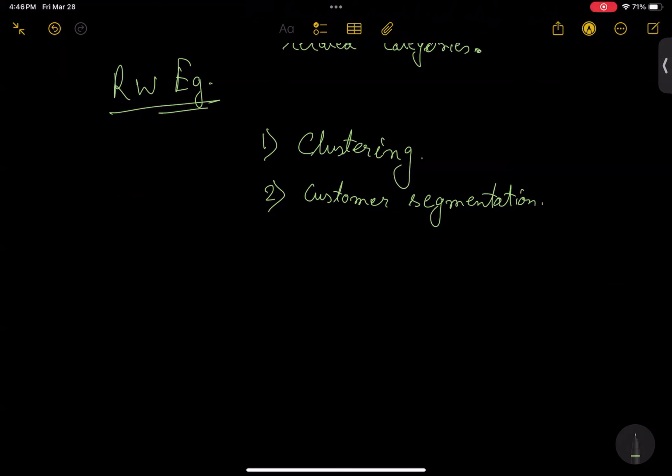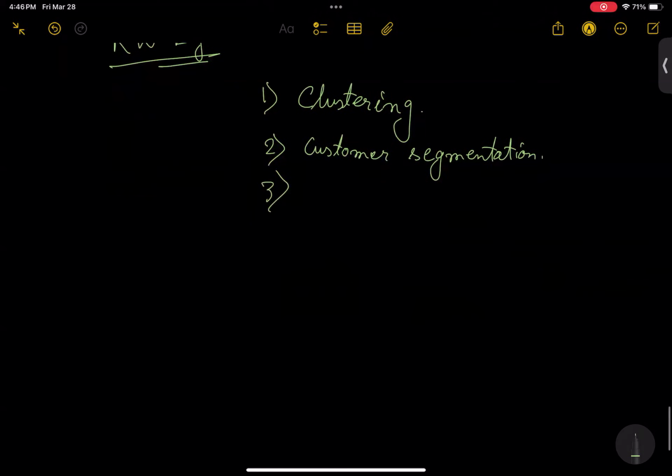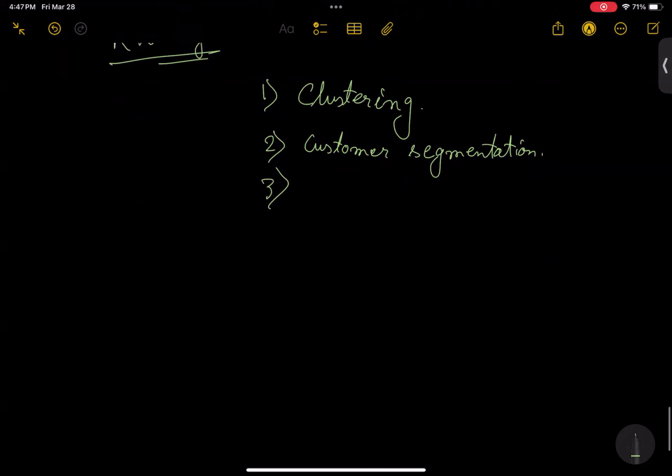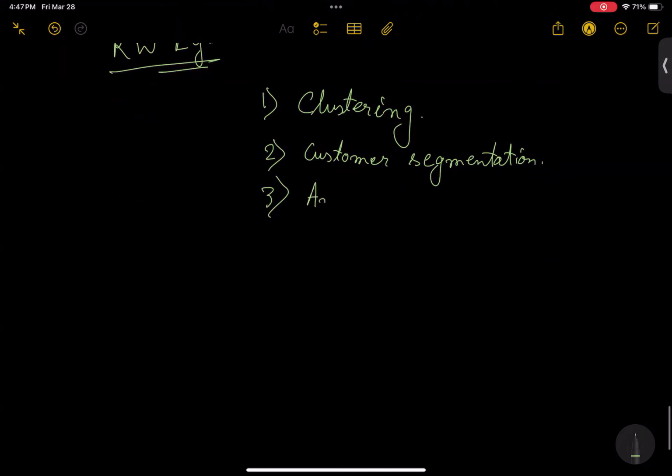The other example, which is very relevant, is anomaly detection in financial transactions.